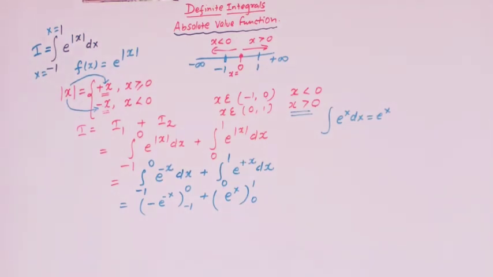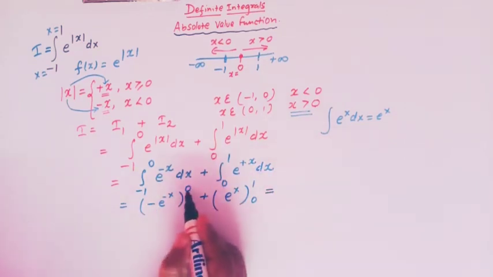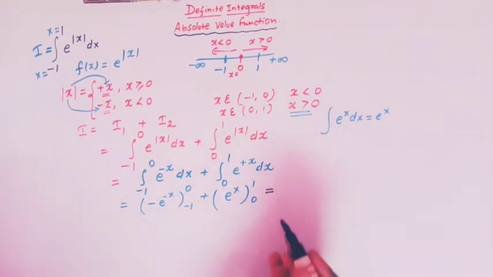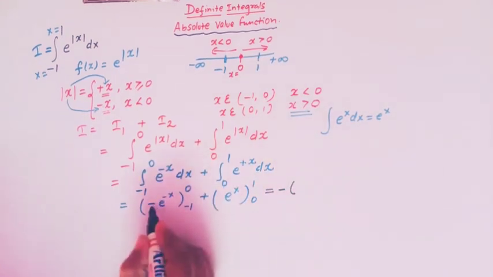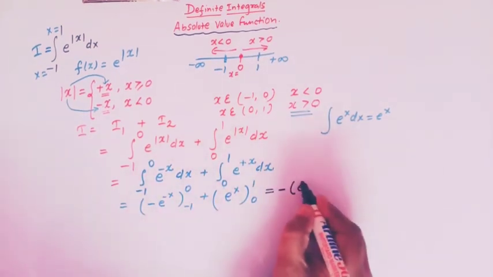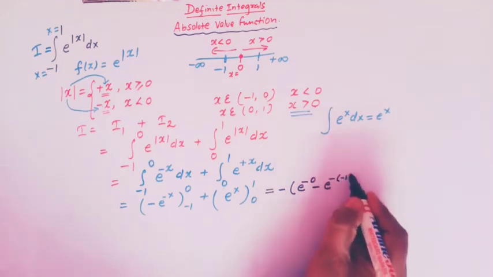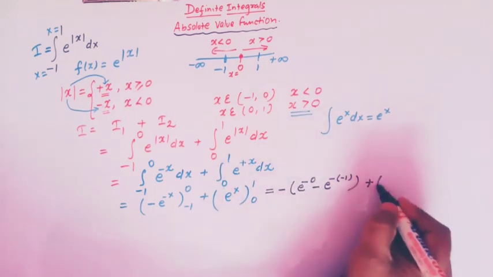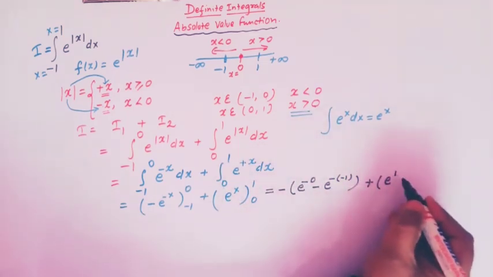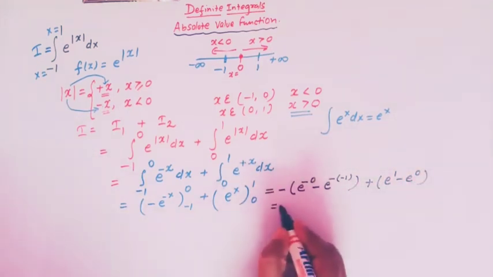Now we can simply substitute the limits and take the difference. Taking the negative sign outside, we have e raised to -0 minus e raised to minus 1, and here we have e raised to 1 minus e raised to 0.